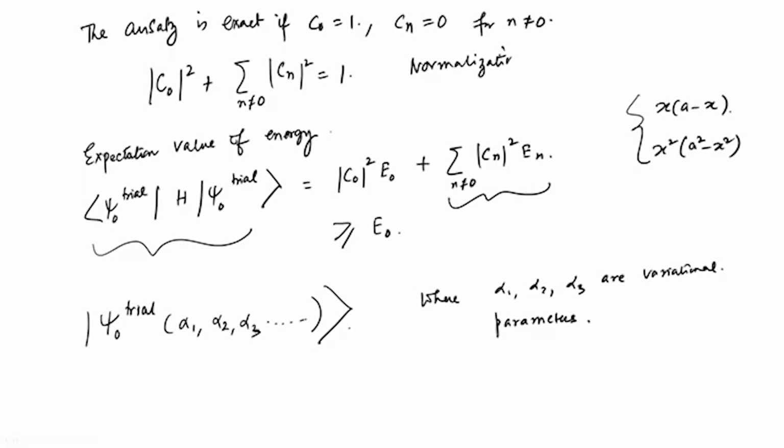Tunable means that the values of alpha 1, alpha 2 and alpha 3 that would minimize this energy, that is the expectation value of H between the trial states, are the ones that are important for our discussion, and they would have to be put back into this psi 0 trial to get the variational wave function.